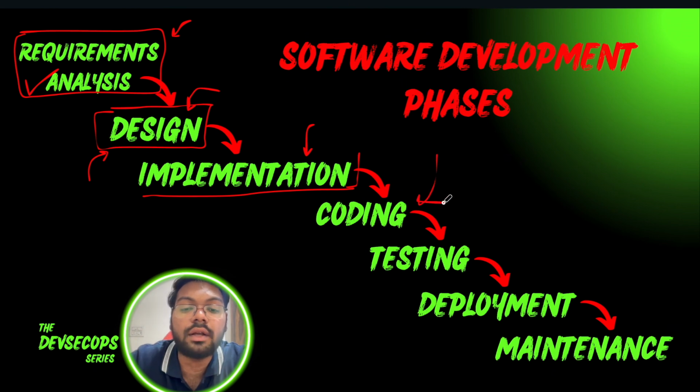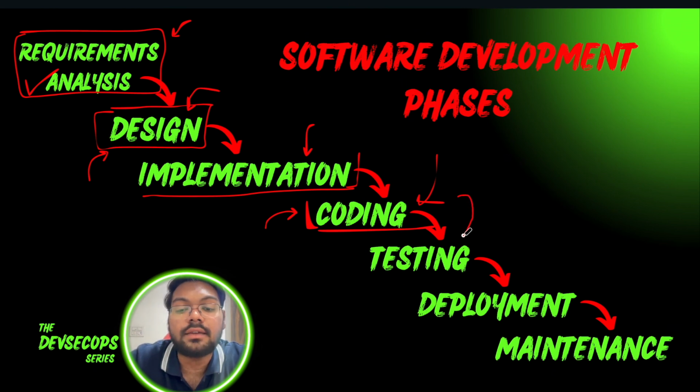Then after we have decided the tech stack, we start the coding journey. This is majorly done by the development teams. The development teams will collaborate with the solution architects, and then iteratively work on building this application.